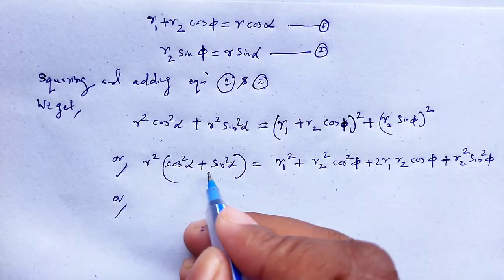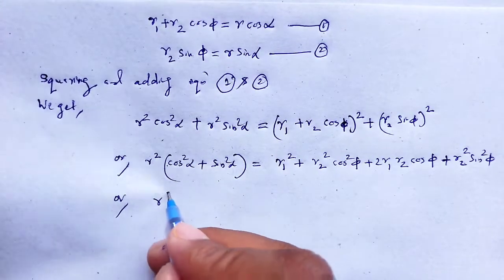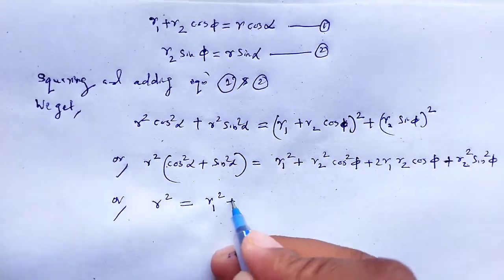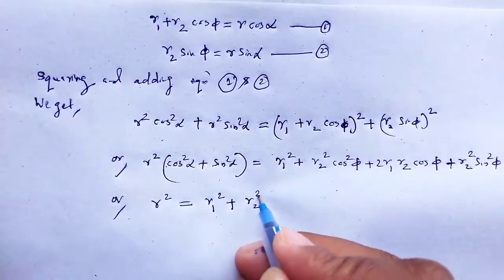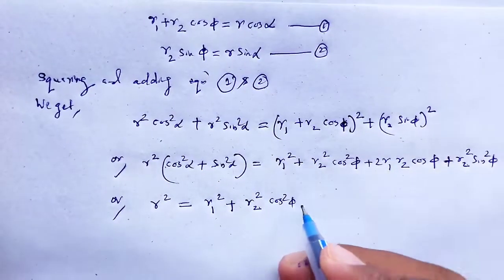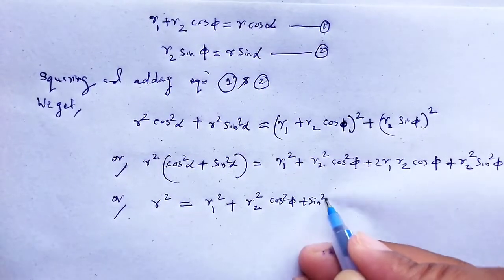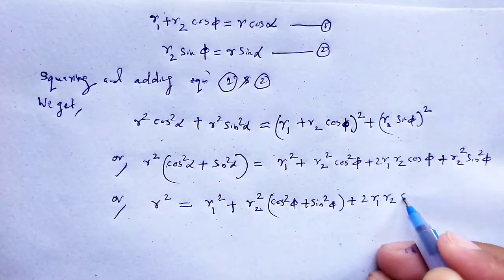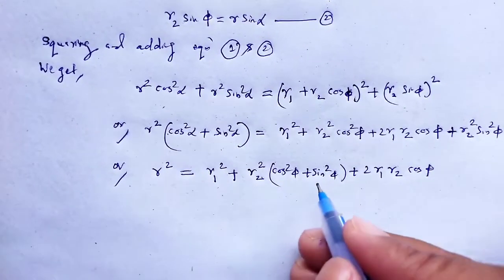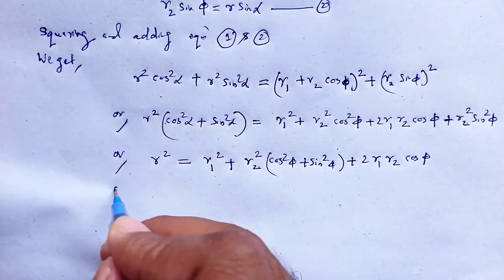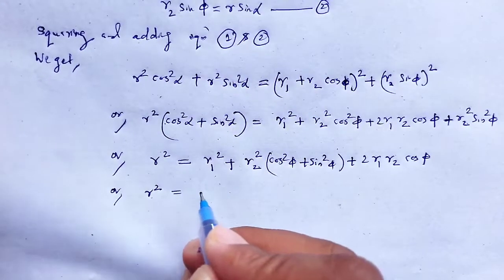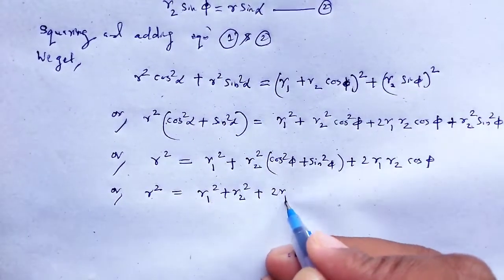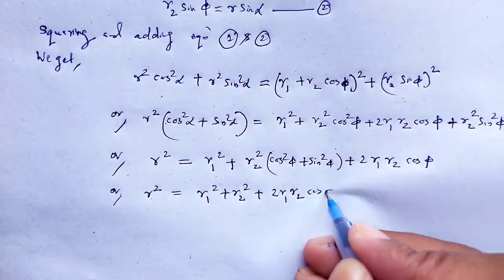Here cos square alpha plus sin square alpha is equal to 1, and taking r2 square common, cos square phi plus sin square phi is equal to 1. Therefore r square is equal to r1 square plus r2 square plus 2 r1 r2 cos phi.